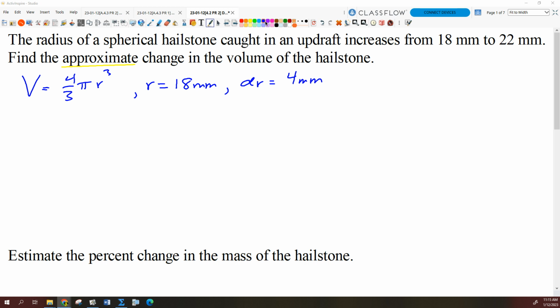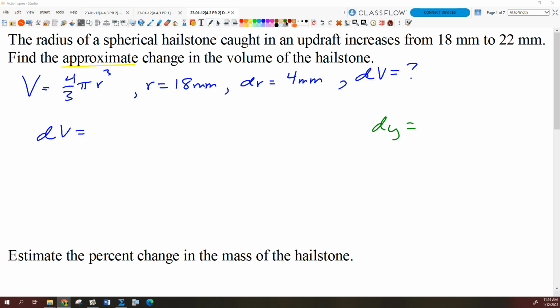So we're trying to find, let me write that down. You guys correctly told me dV is what we're trying to find. What is dV? In general, before we even calculate a derivative, dV is equal to something times dr, but what do we always say? We say that dy equals f prime of x times dx.